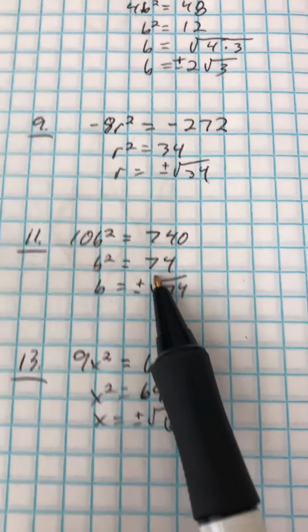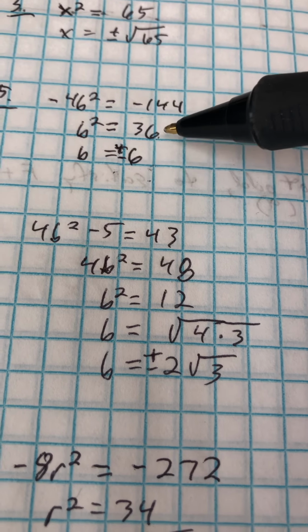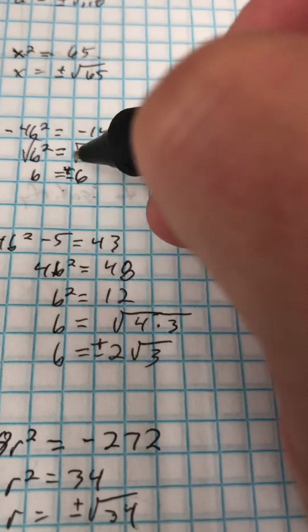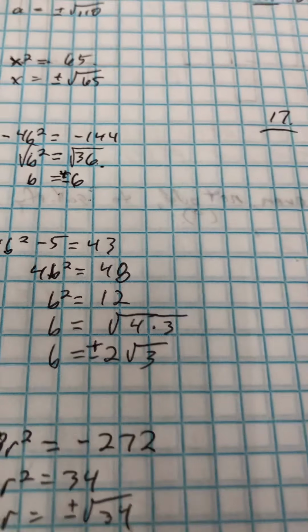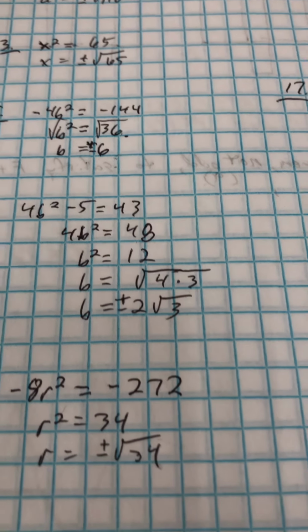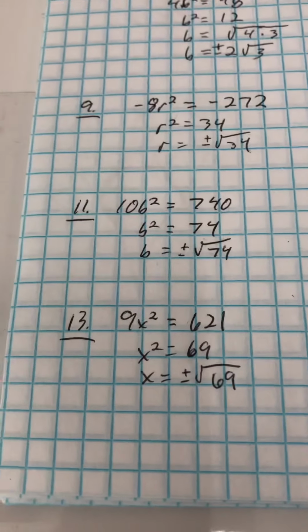And we use plus or minus because, if I go back up here, -6 times -6 could give me 36 when I took that square root. And +6 times +6 gives me 36 also. So remember, positives and negatives. Two negatives would make a positive, so that's why it could be a negative number.